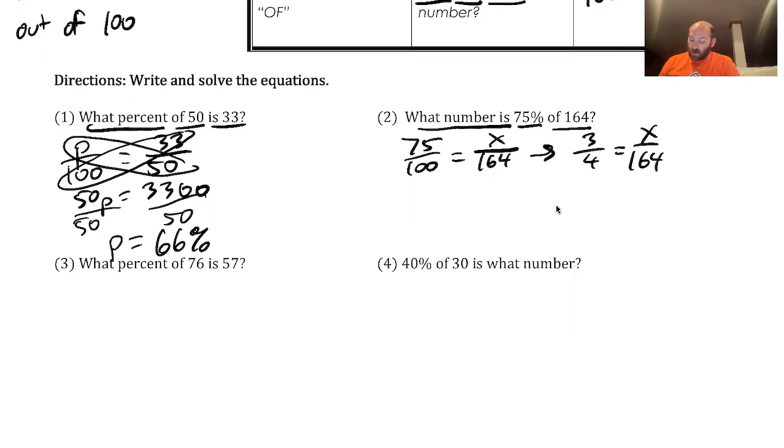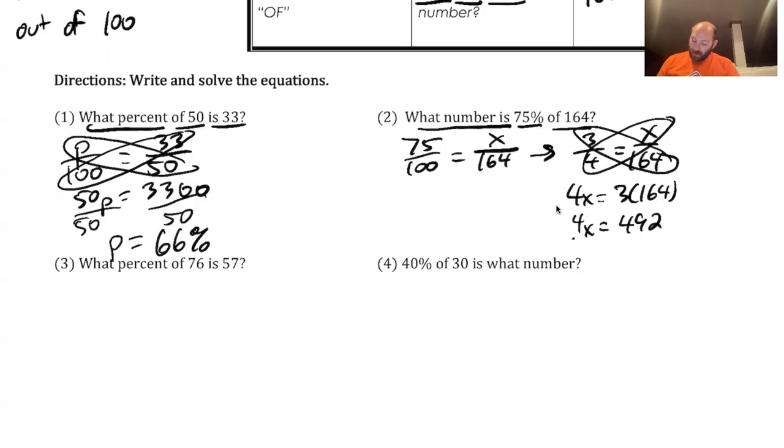It's just easier to work with smaller numbers, but you don't have to. So I cross multiply: 4x is equal to 3 times 164, which gives me 492. Then we divide both sides by 4, and I get 123. So that's my unknown number, and I can make it into a statement: 123 is 75% of 164.